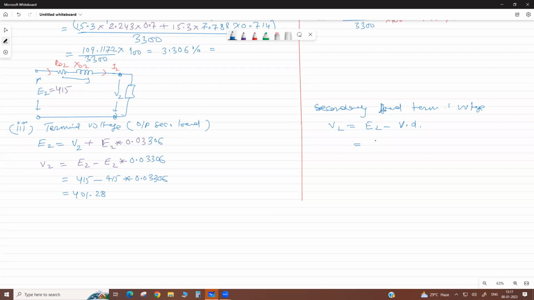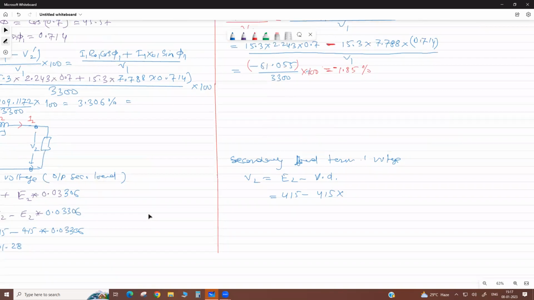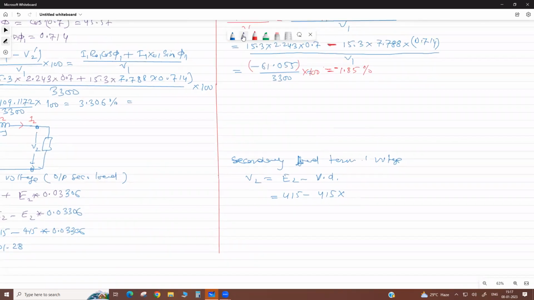VD is the same 415, and this voltage drop is 415 of what percentage? Negative. This is again negative, minus 0.0185, you can write as percent. My dear, negatives become positive.